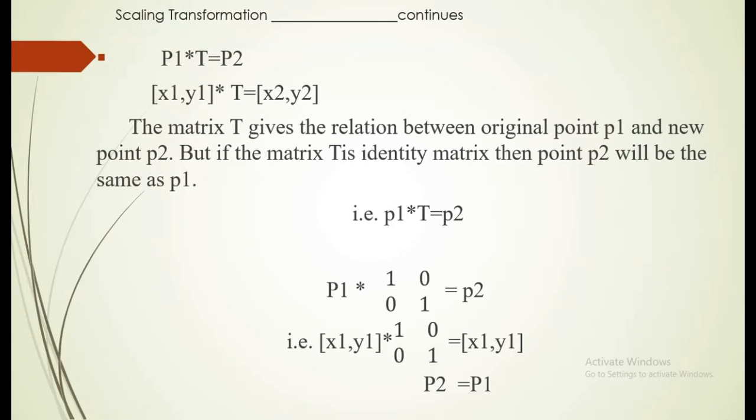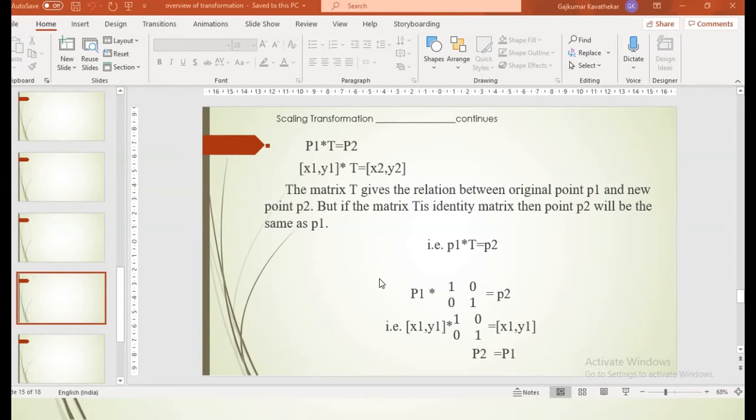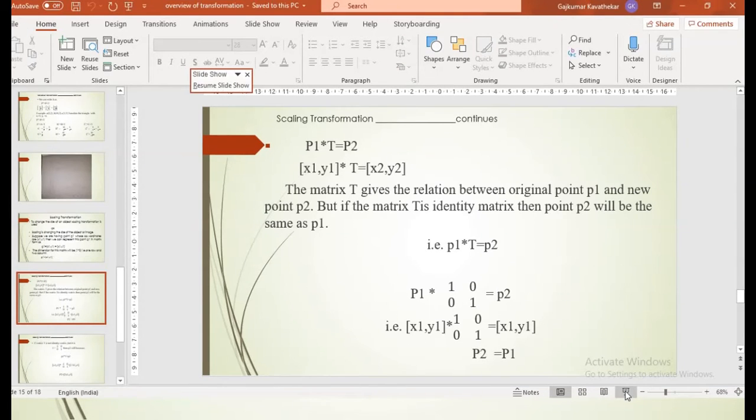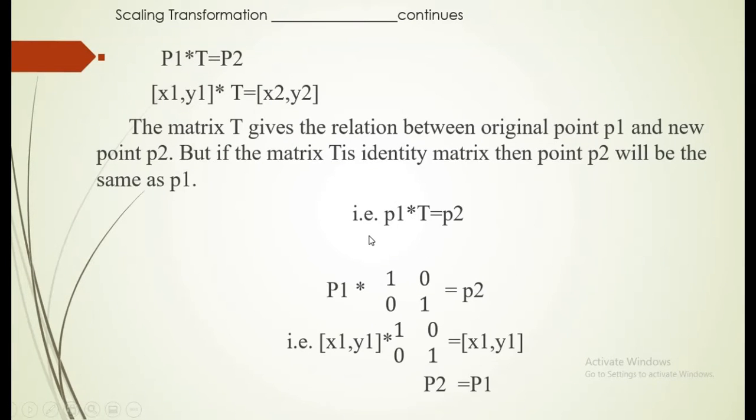But if the matrix T is an identity matrix, then point P2 will be the same as P1. That is, P1 into T is equal to P2.